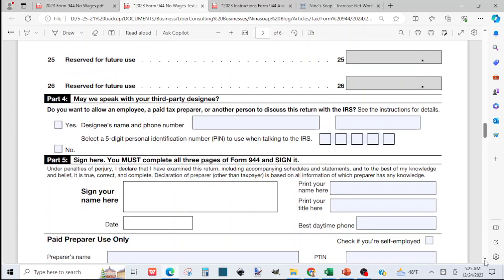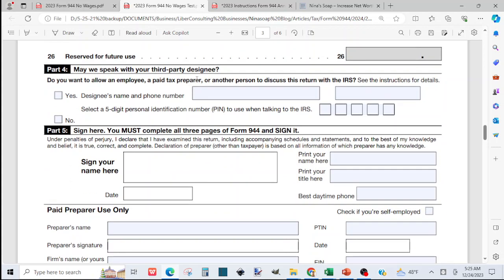May we speak with a third-party designee? So do you want to allow an employee, paid tax preparer, or another person to discuss this tax return with the IRS? And if you check yes, it will only be for this form for this particular year.